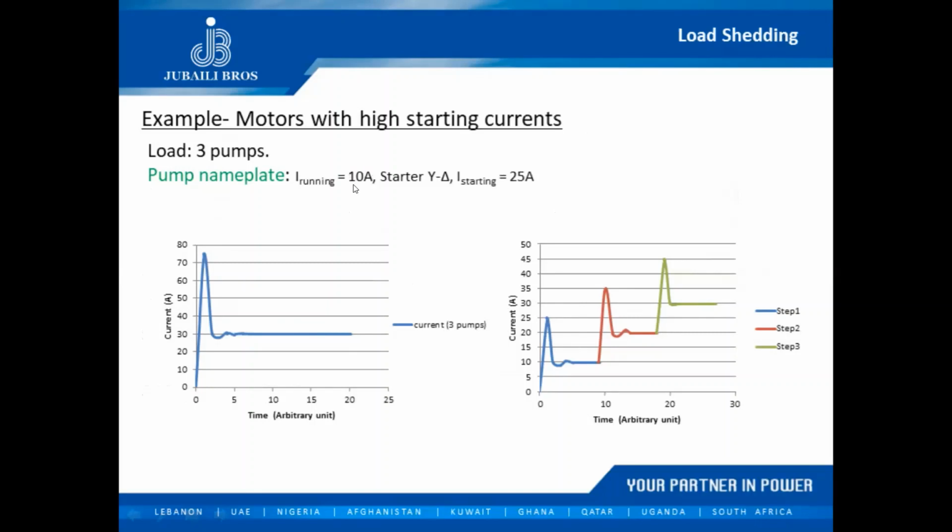Okay, it is equipped with a Y delta starter, and my starting current is 25 amps. Now, I'm gonna consider 2 scenarios, one where we apply all the load at once, and another where we apply load shedding or step loading.